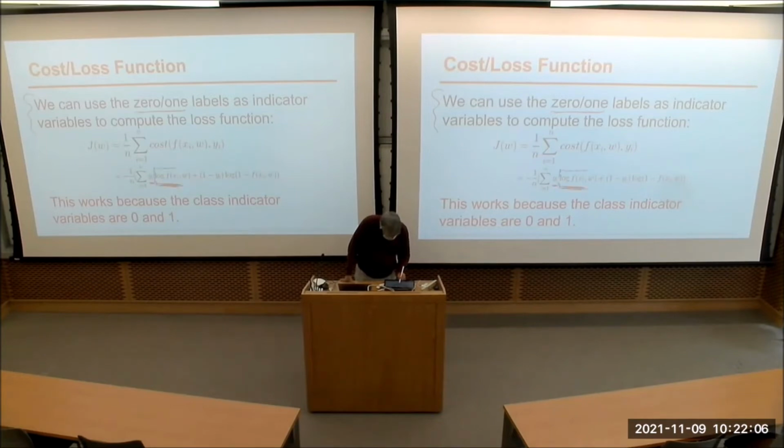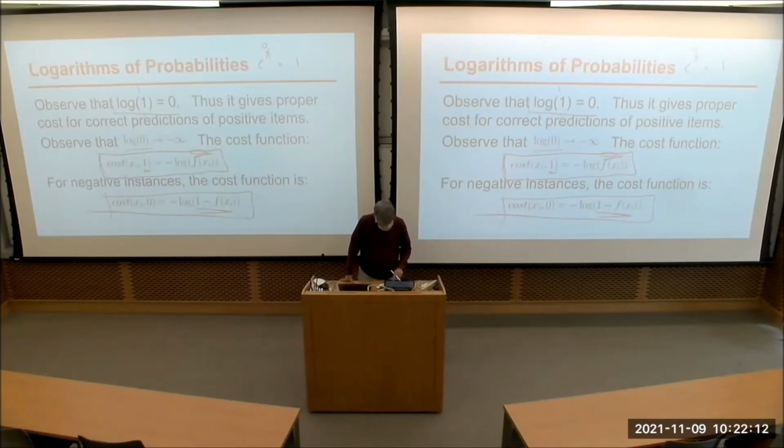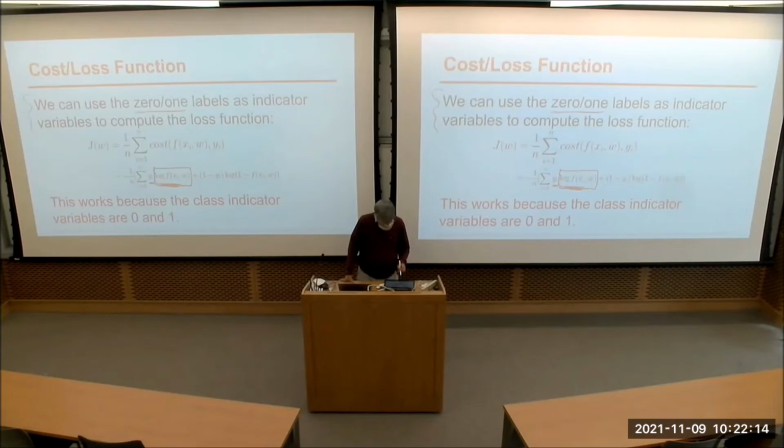This was the error term for a positive thing, right? The log minus of f of x. That was the error term we want to pay on a positive example, if positive examples had a label of 1.